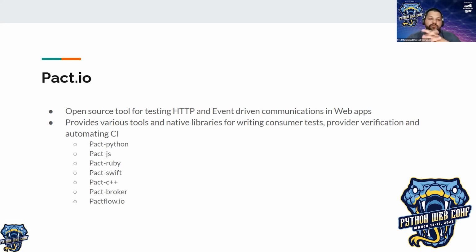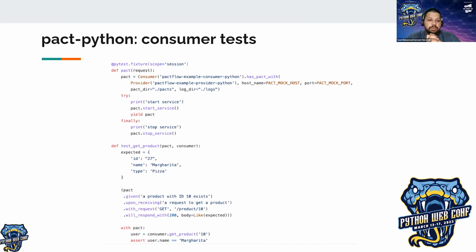So, for instance, we have an example of Pact Python. This is sample code that Pact has on one of their repos. We'll focus on this test get product part. So we have some sort of application where we are getting product details.